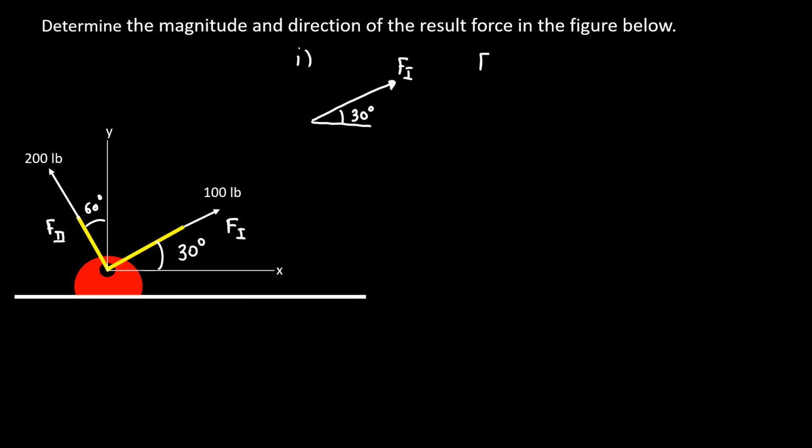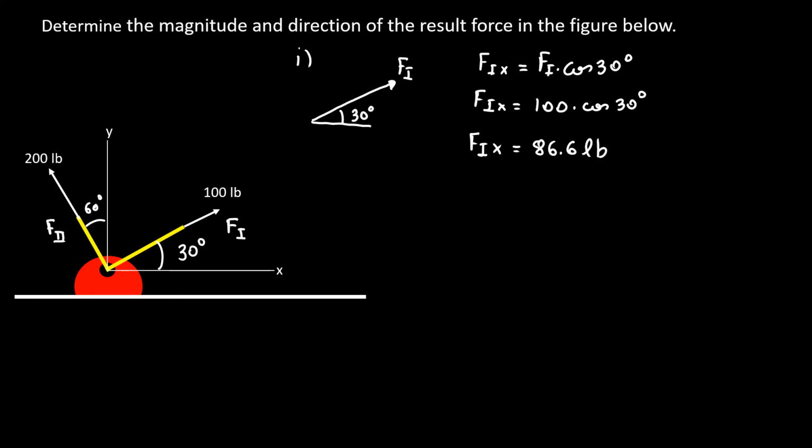My F1x is equal to F1 times cosine of 30 degrees in a positive direction. So my F1x is 100 pounds times cosine of 30. So my F1x is equal to 86.6 pounds.